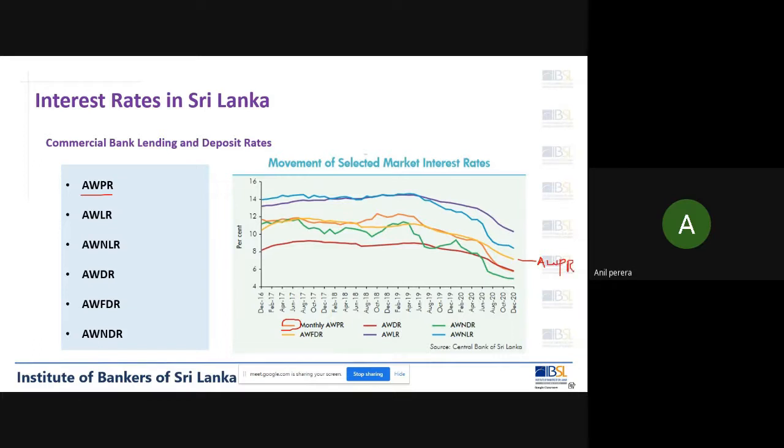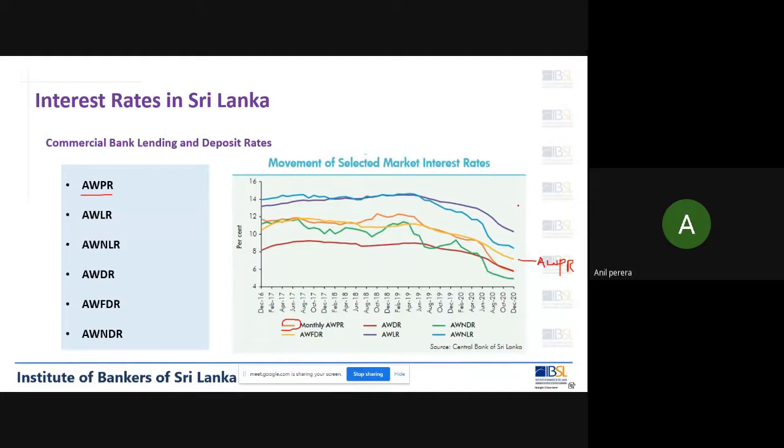Then what is AWLR? It is based on the interest rate of all outstanding rupee loans and advances extended by licensed commercial banks. AWLR is the average weighted lending rate. It is the weighted average rate for all outstanding loans of commercial banks to their customers.